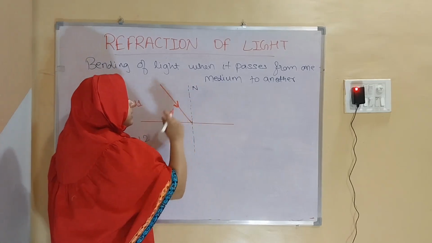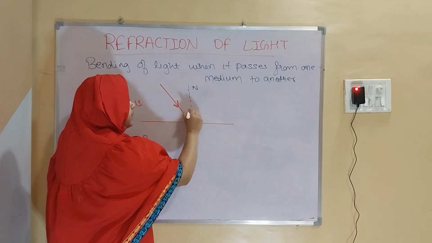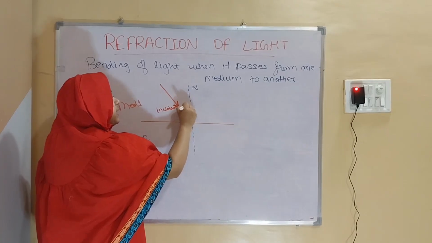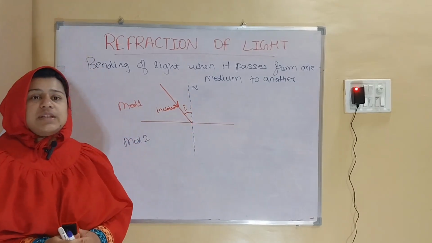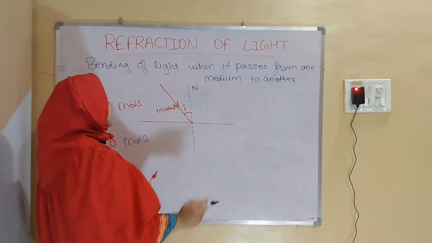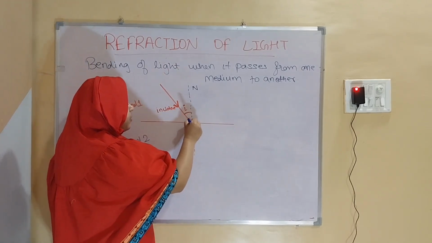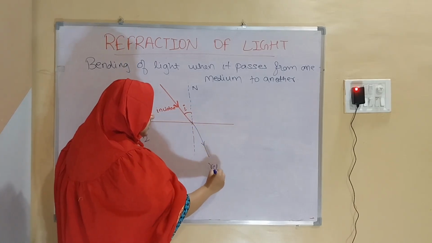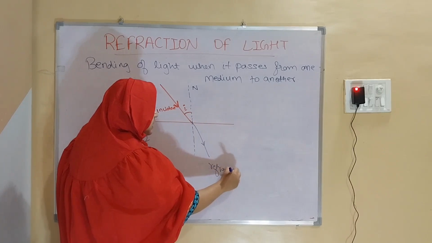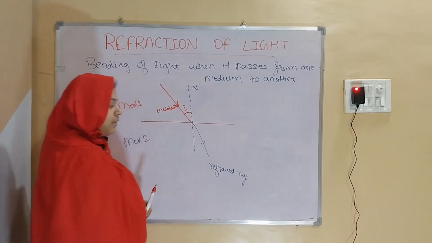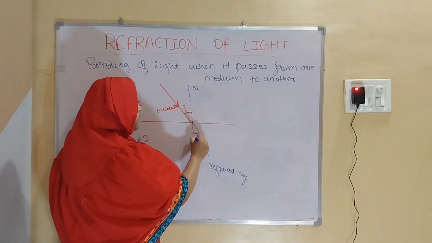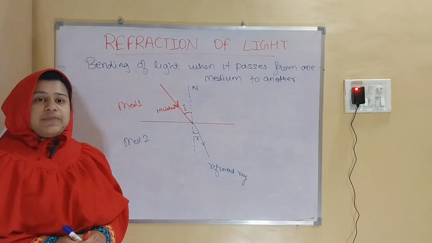The angle between the incident ray and the normal is known as the angle of incidence. The light undergoes bending, so this ray is known as the refracted ray, because refraction is taking place. And the angle between the normal and the refracted ray is the angle of refraction.